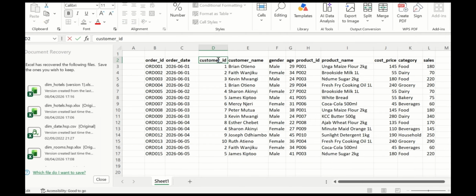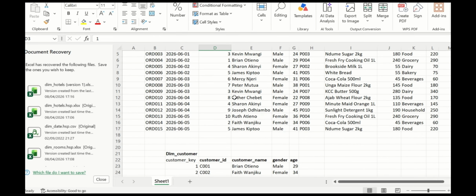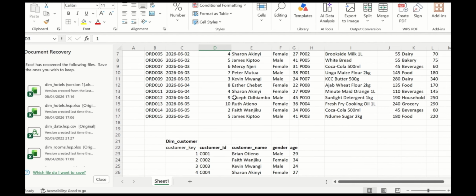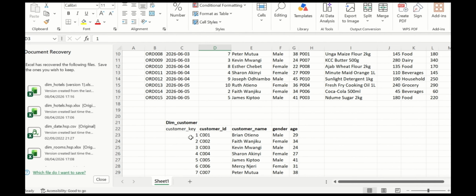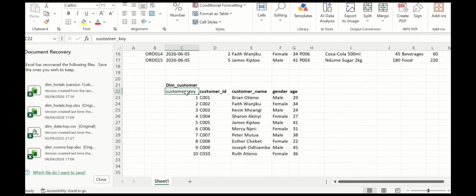So let's call this one customer key. Now that we have our customer key, this customer key in our dimensional customer table will be our primary key.